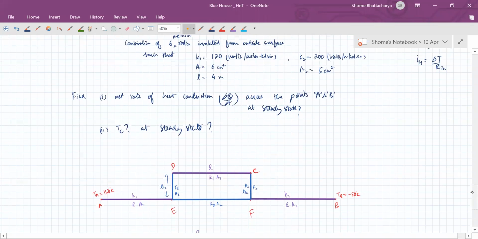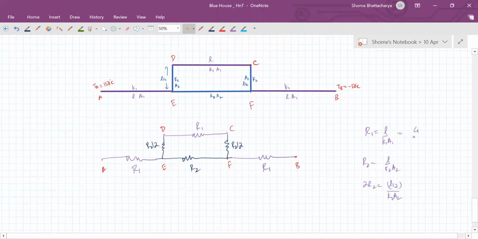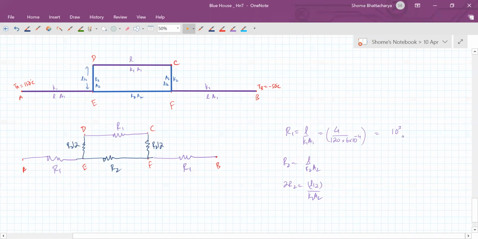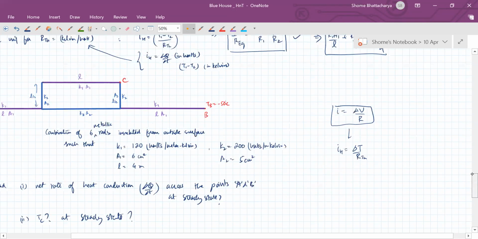So 4 meters, 120 and 6 centimeters square.